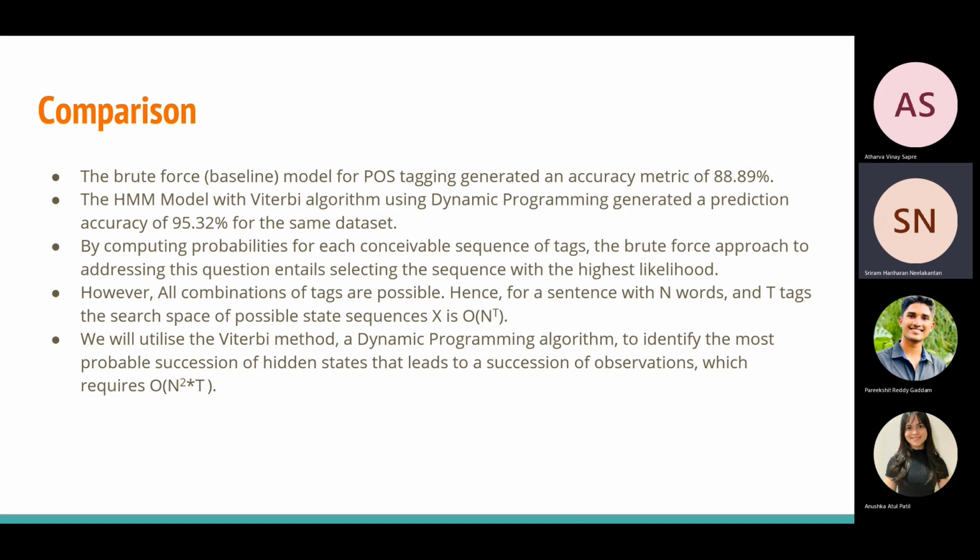In comparison, the Viterbi algorithm goes along the maximum probability branch and ignores the other branch, so the time taken for the algorithm to run is much lesser, and the time complexity here is O of n square t. Let's move on to the next slide.